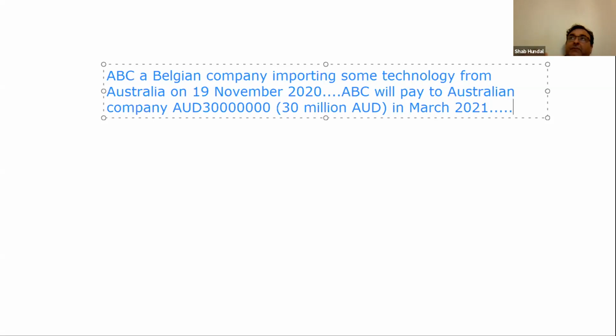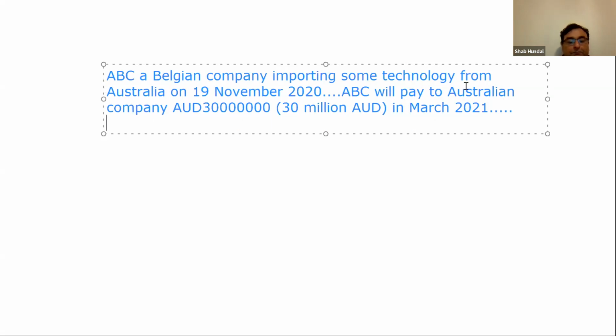Now is November, so December, January, February, March: a little over 4 months. The spot exchange rate is 1 euro equal to 1.25 Australian dollar.